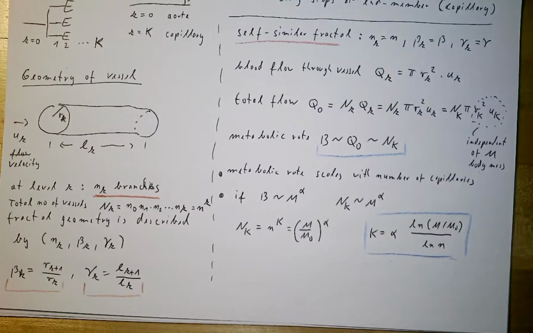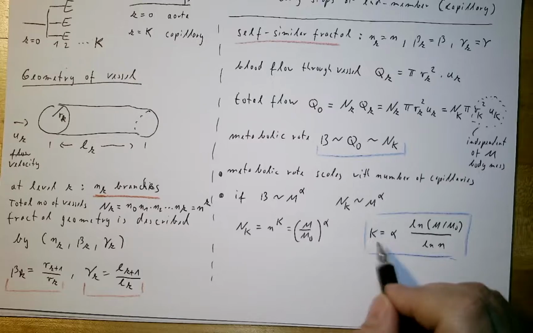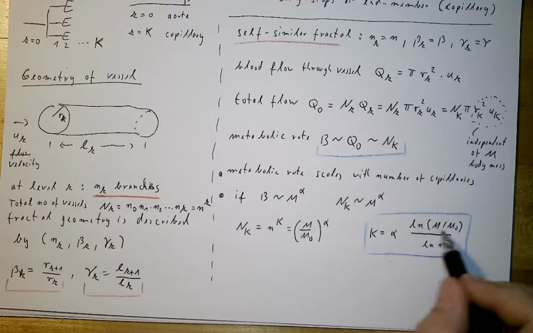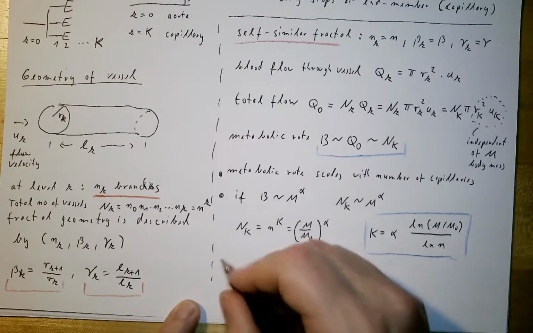So directly we obtain that the critical exponent that we find in the system is proportional to the number of branchings, but this scales also with the logarithm of body mass.